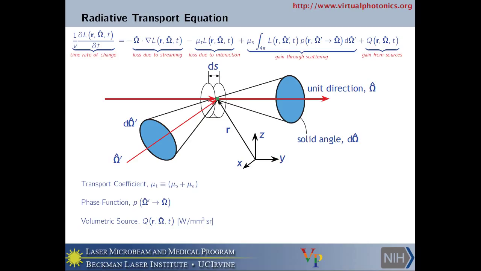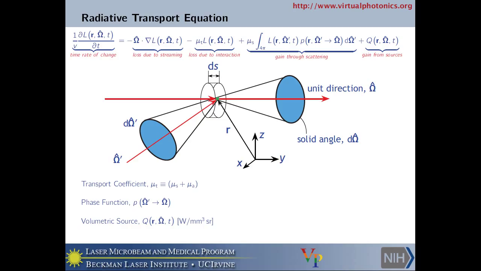Okay, so here we have a time rate of change. V here is just the velocity of propagation in the tissue. So V is just the speed of light divided by the refractive index of that tissue, which typically we use 1.4 as a traditional value for the refractive index of tissue.